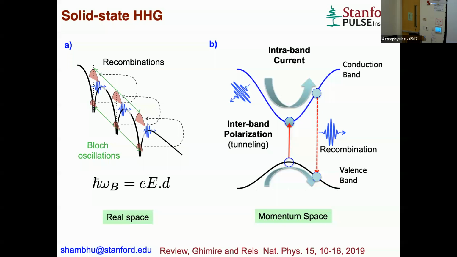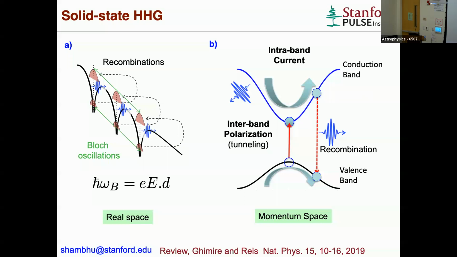So what happens is when you have a strong field present, the electron gets tunnel ionized from the valence band to the conduction band. Then this electron gets accelerated in this conduction band, and so does the hole in the valence band. And there are two major possibilities.